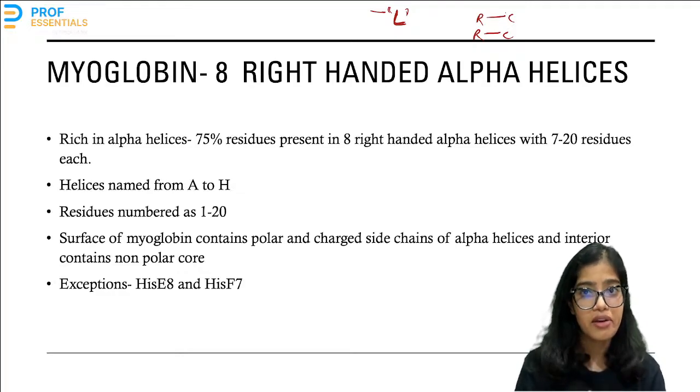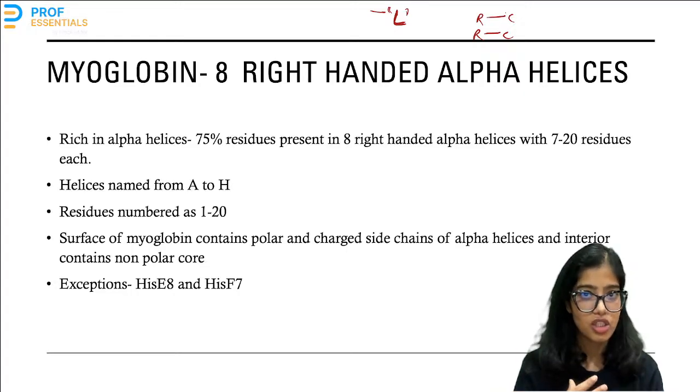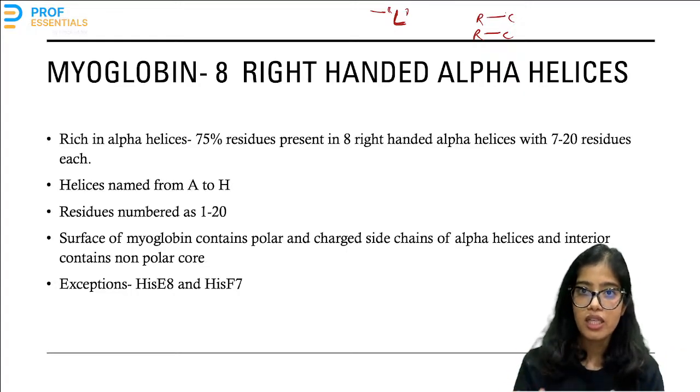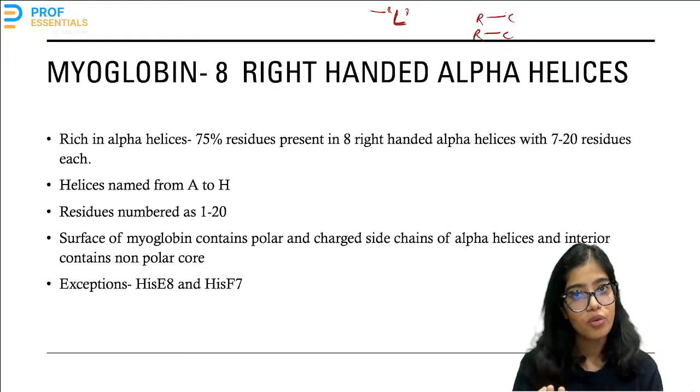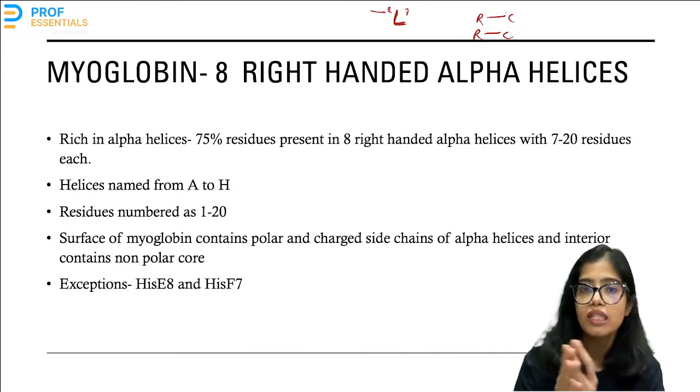There are 8 in number, and each alpha helix is formed of amino acids, because an alpha helix is a polypeptide chain arranged in a twisted fashion. So each polypeptide chain in the alpha helix will contain a few amino acid residues. How many residues? Between 7 and 20 residues.